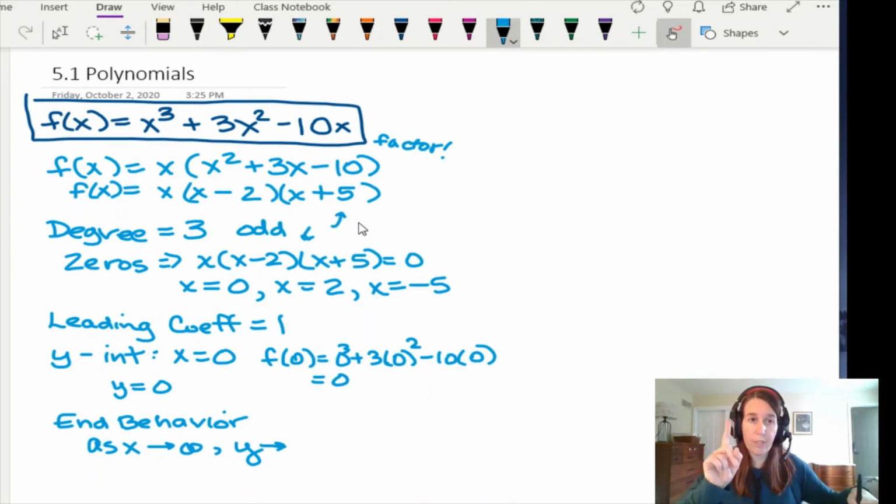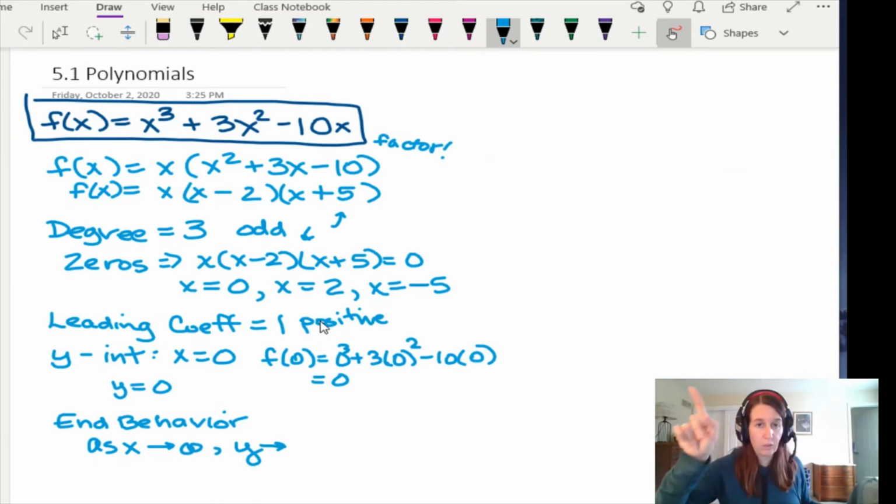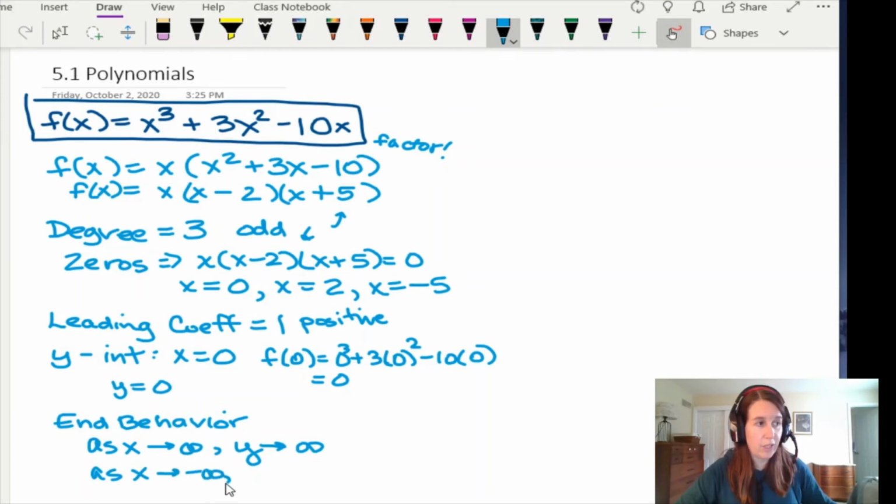They're going to go in opposite directions. And because the leading coefficient is 1, is positive, we know that it starts on the left at negative infinity and it ends on the right at positive infinity. So as x goes to infinity, y goes to infinity. As x goes to negative infinity, y goes to negative infinity.